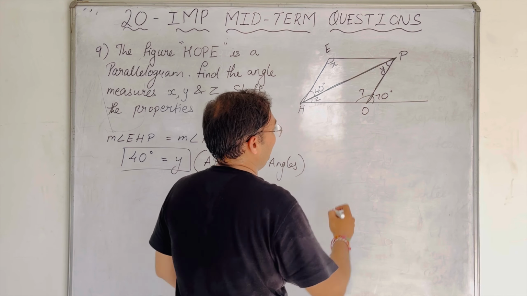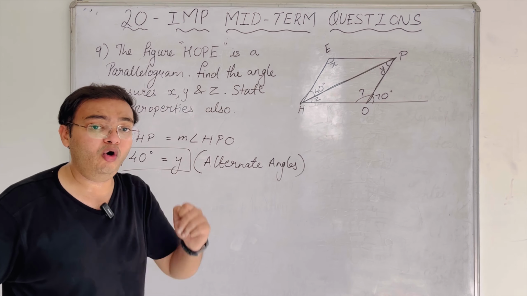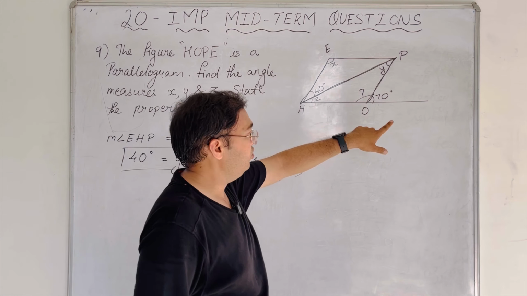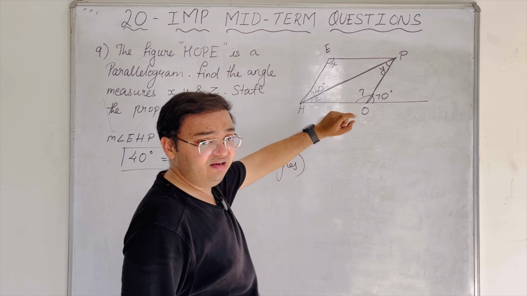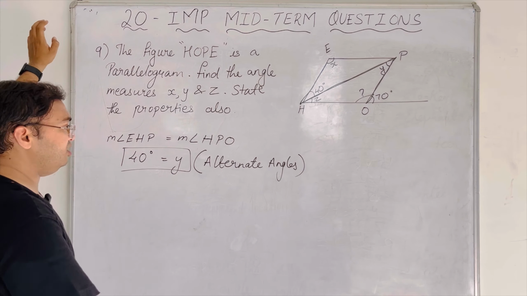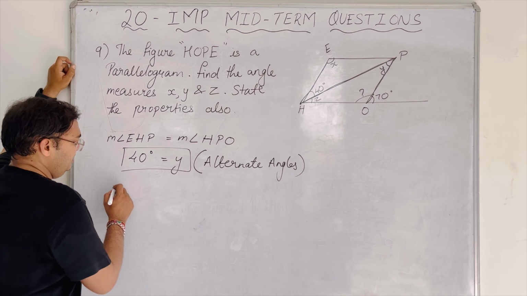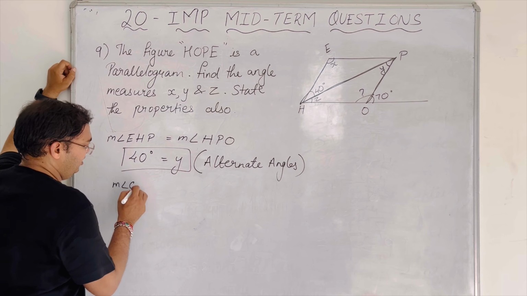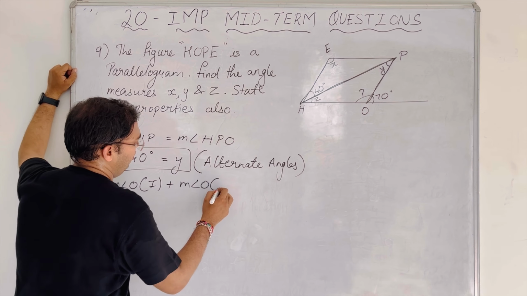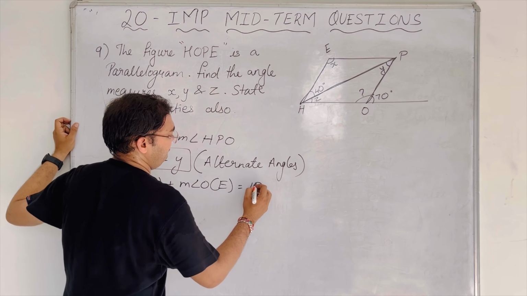So if I find the measurement of angle O interior, then that interior angle of O is equal to the measurement of angle E. So let's do that. We will use that measurement of angle O interior plus measurement of angle O exterior, both together make 180 degrees.